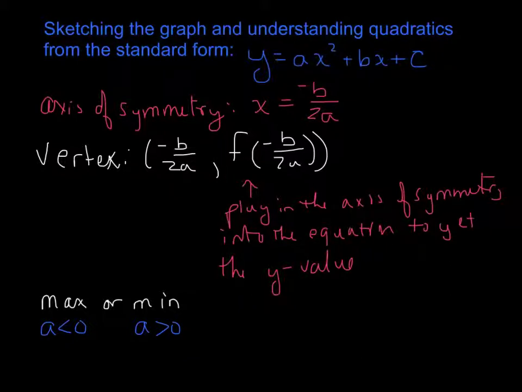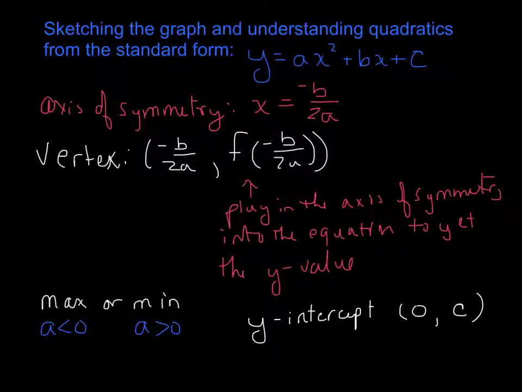And the last thing that we need to figure out before we can worry about graphing is the y-intercept. The y-intercept is 0, comma, whatever c is. So these are all the formulas that you need to have memorized in order to sketch the graph of a parabola, a quadratic, when it's in that standard form.